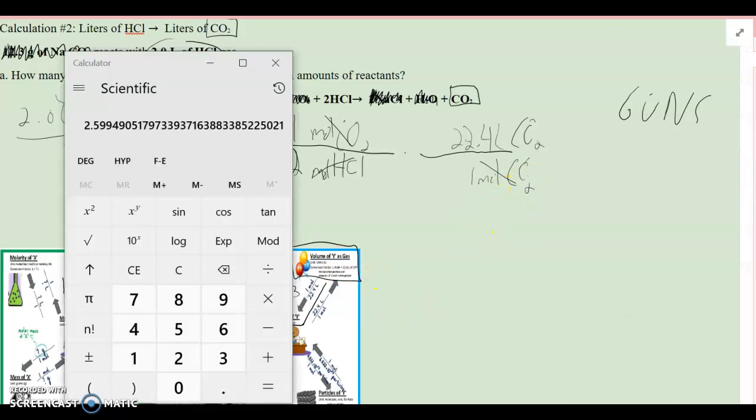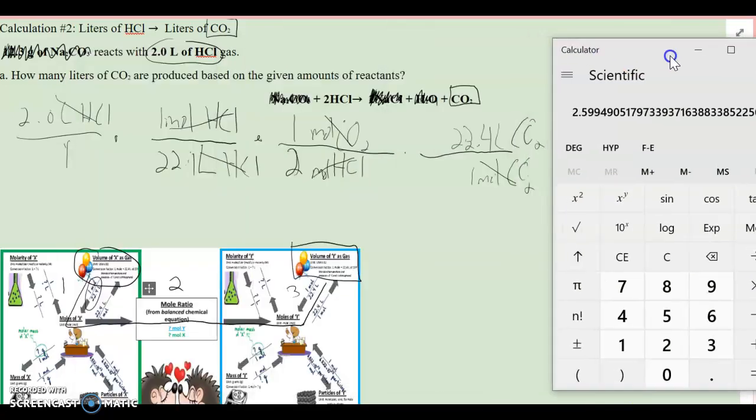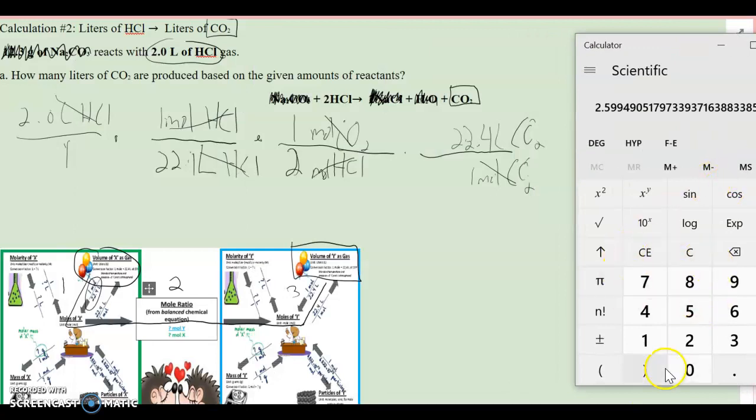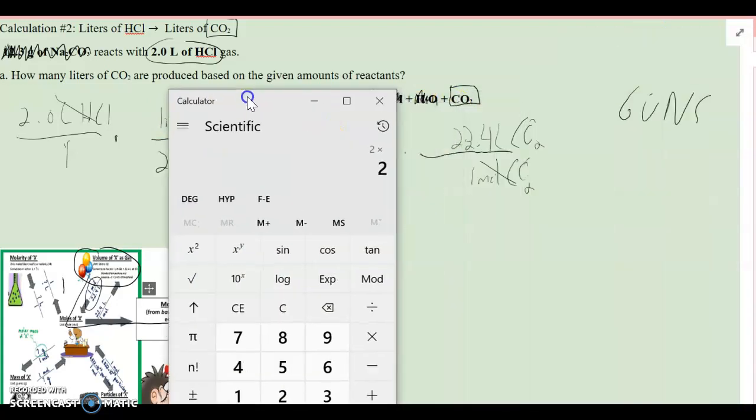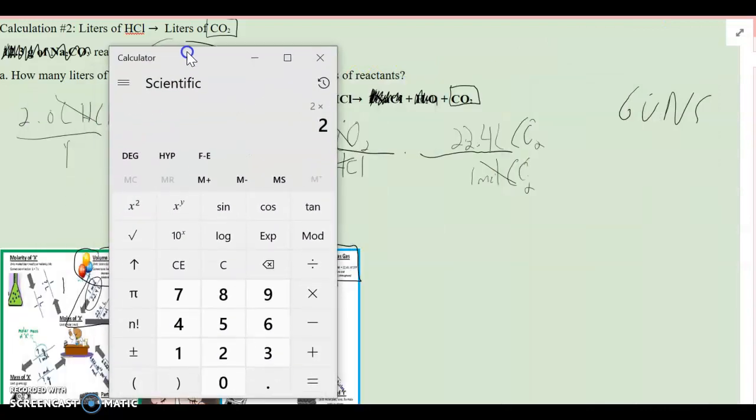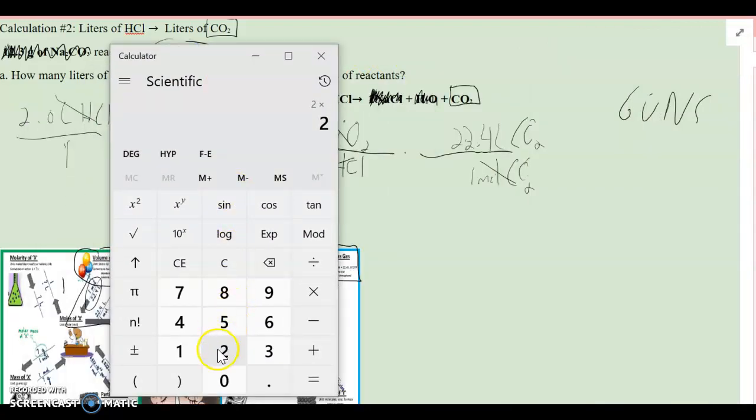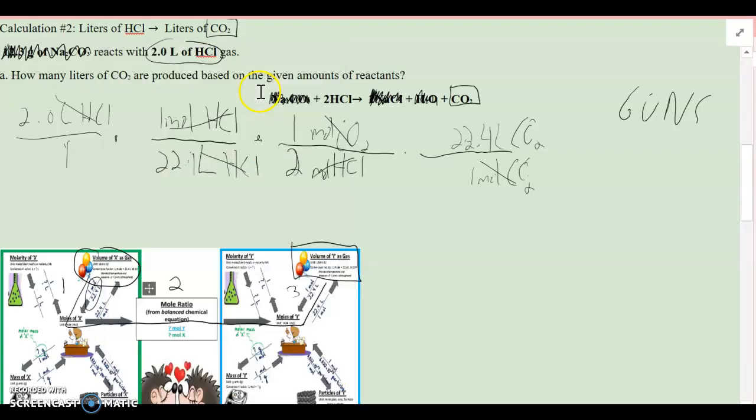So let's plug it into a calculator. Here we go. Clear, clear, clear. So 2 times 1 times 1 times 22.4, I'm going to get a number, 44.8.